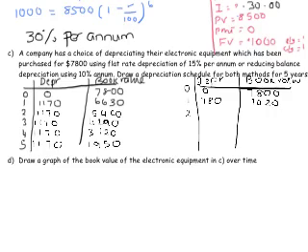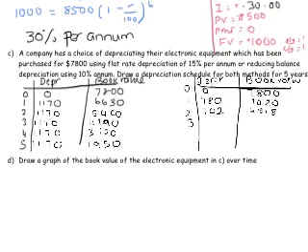Then we work out 10% of the 7,020. So 10% of 7,020 is 702. And so what we're doing there is 7,020 minus 702, which is 6,318.